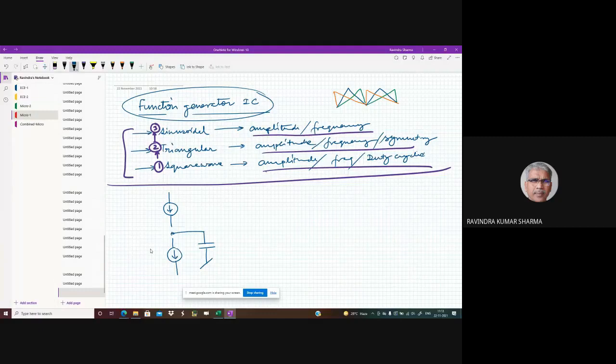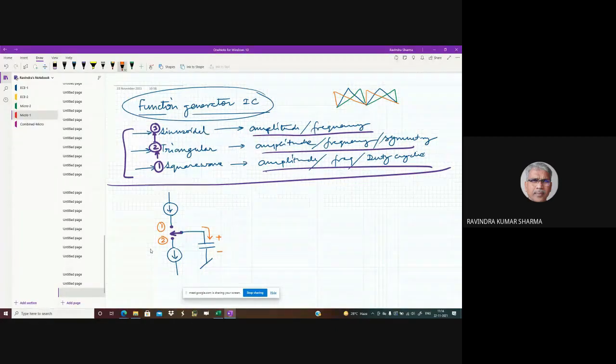Right, so here you have a switch which can be switched between position 1 and position 2. Accordingly, the capacitor, if it is in position 1, it will charge like this in this polarity.